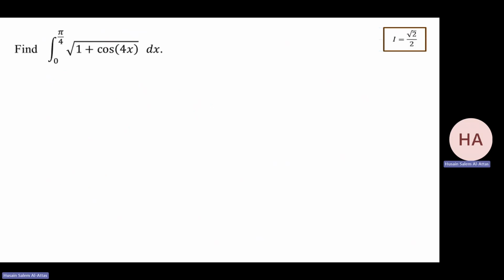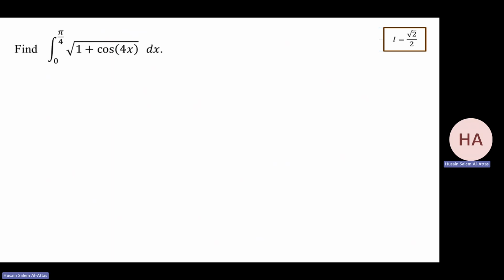Square root 1 plus cosine 4x under the square root. So I need to get rid of this square root. How can I do this? I know cosine 4x has different formulas.